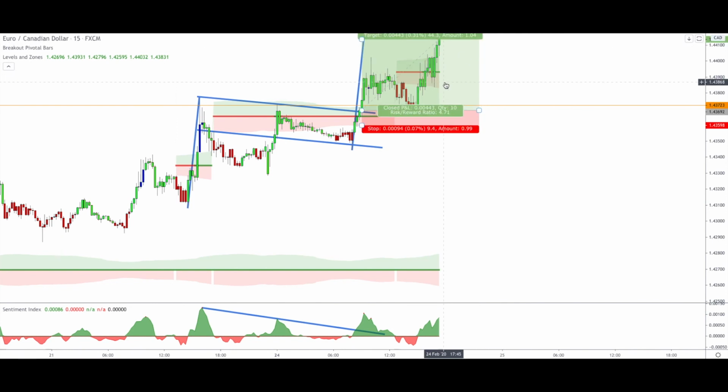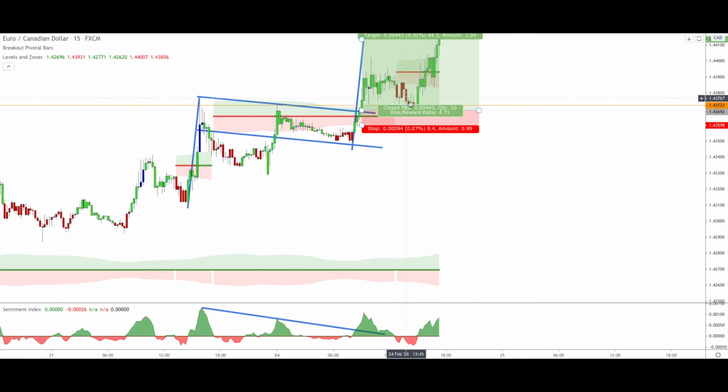So we have closed the trade with an almost 5x return, which is absolutely excellent. The trade was a little bit tricky, because it started very well. We were supported by this support level here. Everything was perfect.